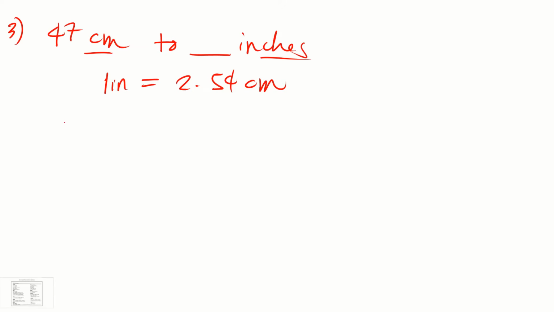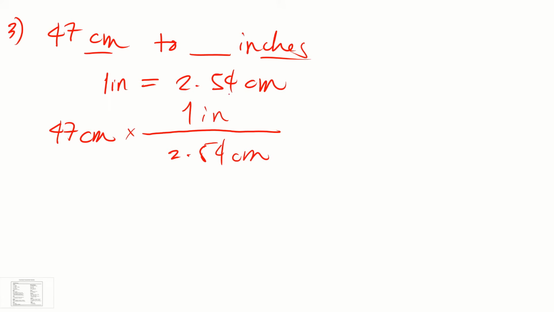Again, for converting, step 1 is to write down our original value together with its unit, and then multiply it by the conversion factor. Since we would like to eliminate centimeter, we write 2.54 cm in the denominator and 1 inch in the numerator.